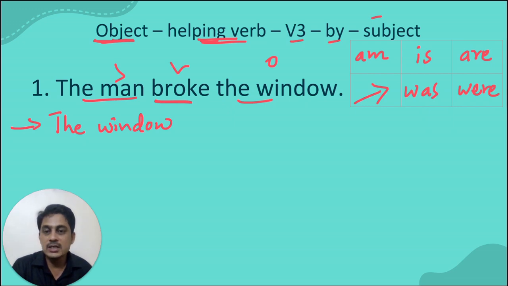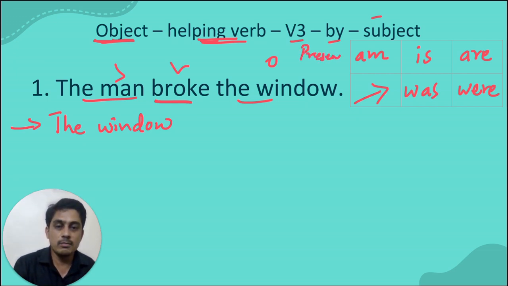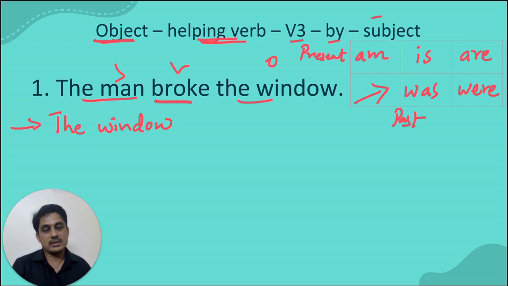Broke. It is in the past tense because break is the present tense of this verb. Now we have already decided that the verb is in the past tense, so we will use the helping verb of past tense. Am, is and are are used for present tense. Was and were are used for past tense.